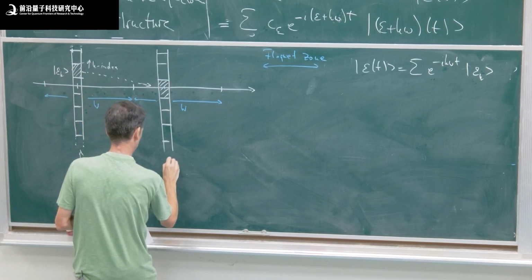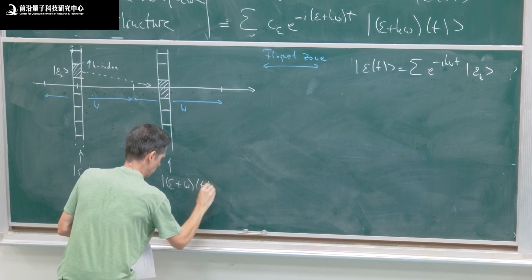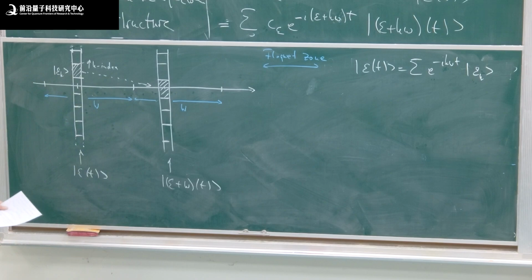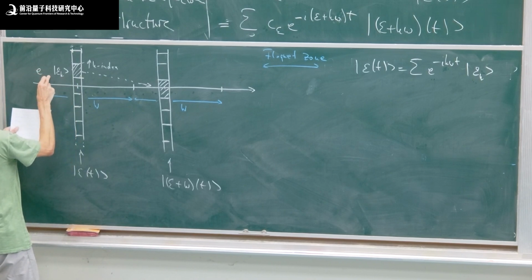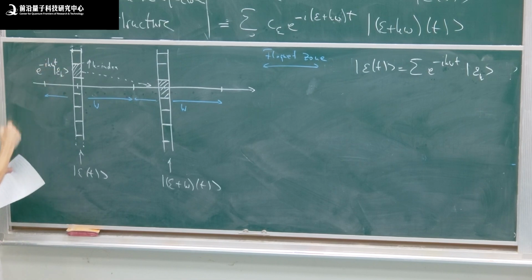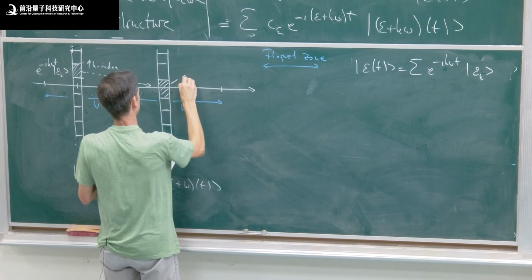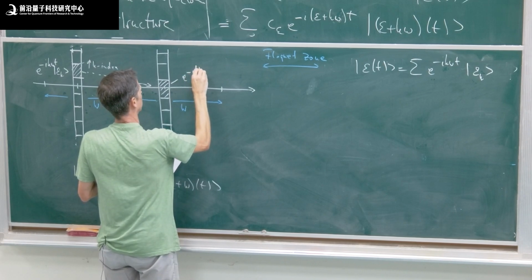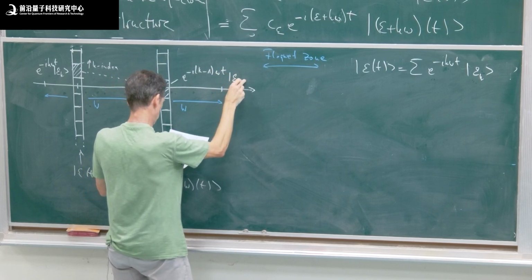Here you have epsilon plus omega of t. So this is then essentially epsilon k, which is garnished here by the factor e to the minus ik omega t, and here it's garnished by e to the minus i(k minus 1) omega t epsilon k.